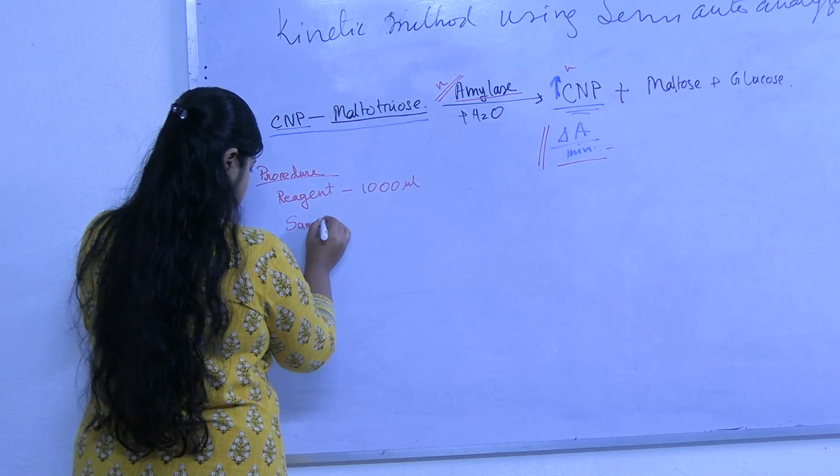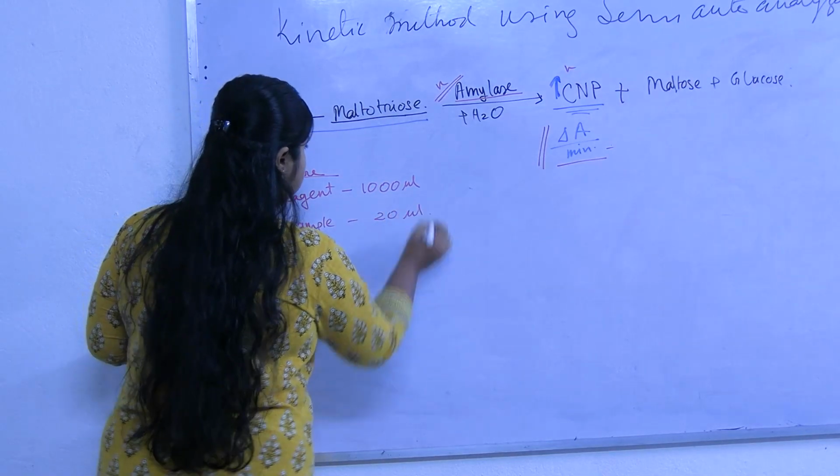Reagents. Now procedure. We have to mix reagent 1000 microliter with 20 microliter of sample. We have to mix it well and aspirate into the machine.